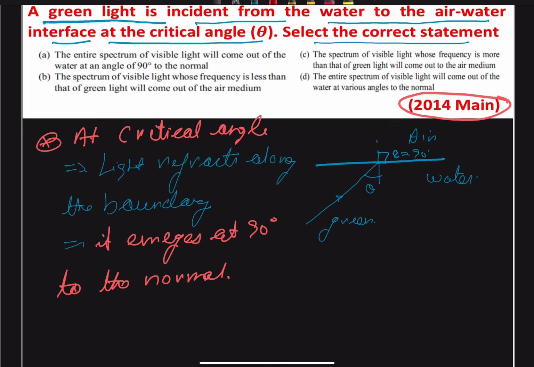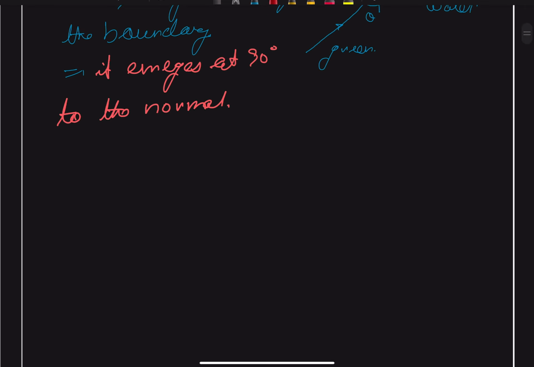So total internal reflection will take place if the angle of incidence is greater than the critical angle. Okay, say total internal reflection takes place, and this is the angle of incidence is greater than critical angle.